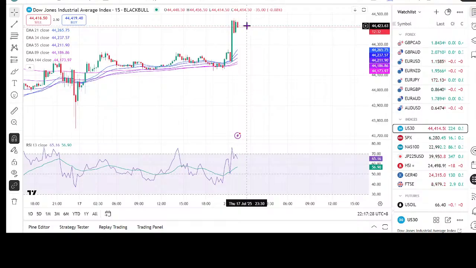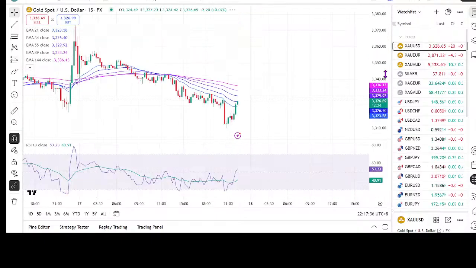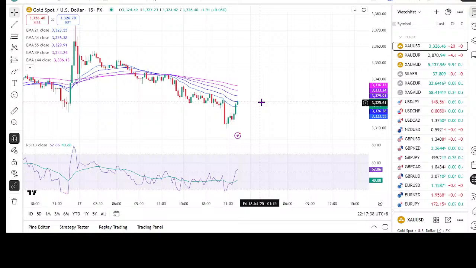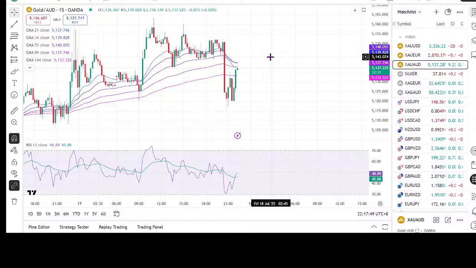The gold seems to be showing some strength, which is not a good sign. Let's wait and see whether the market is in our favor or not. We just have to wait for more clues.